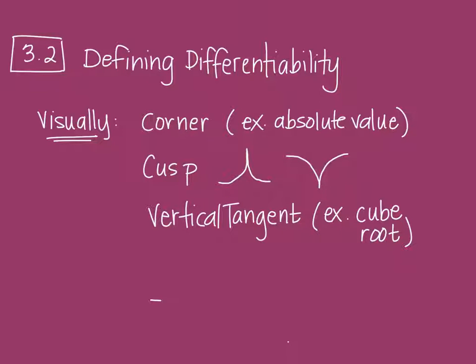And that happens right at the origin, right here, where the slope is so steep that the tangent line would have a slope of infinity. Okay, infinite slope. And that's going to be true for any odd root. Cube root is just an example, but it could be a 5th root or a 7th root, or any odd root would be an example of a place that would have a vertical tangent.